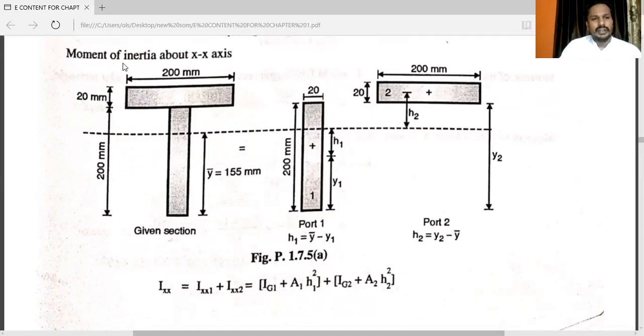Or you can consider this axis is also the y-axis, according to your choice. But here we have to calculate only Ix.